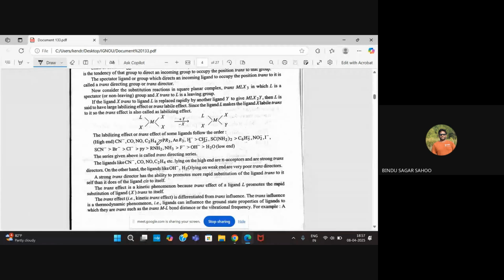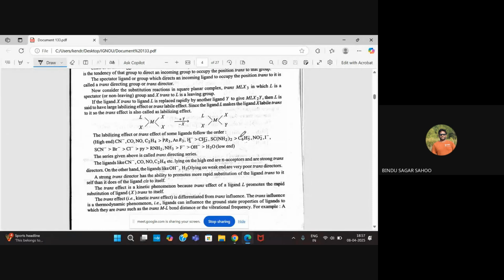Yes or no? So this is the order or trend of a trans effect. Okay, you can see here at the high end we can check cyanides, CO, NO, C2H4, PR3, AsR3, H minus. These types of ligands are present. So mostly you can see here the pi acceptor ligands have a stronger trans directing tendency, just like CN minus, CO, NO. And the pi donor ligands, just like chlorine minus, OH minus, water, have the lowest trans effect.